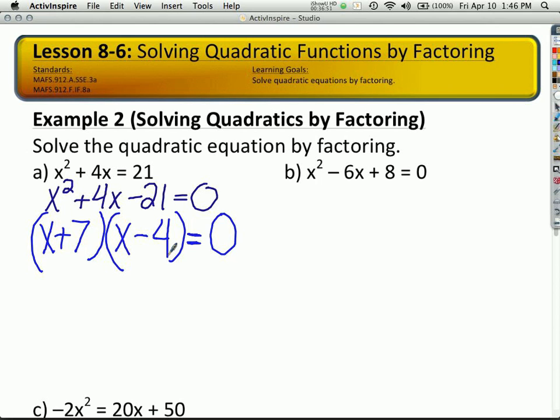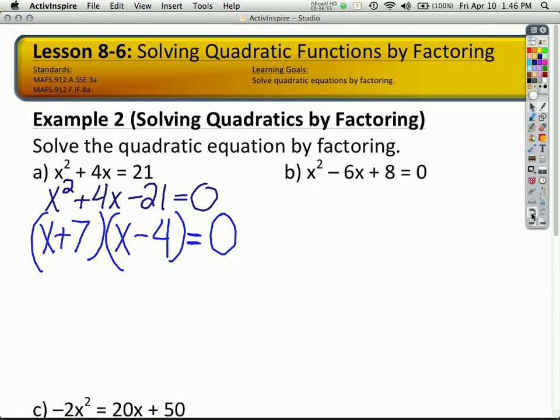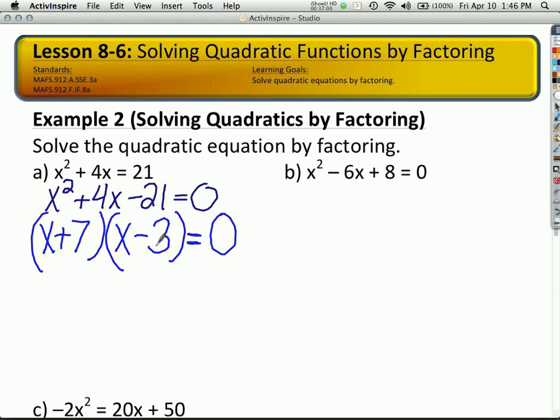No. X minus 3, sorry. So that multiplies to negative 21 and adds to 4. That you learned a month ago. Now we're applying it to here, solving. Now you know what to do from here forward. What do we do at this point? Go ahead, Yasmin.